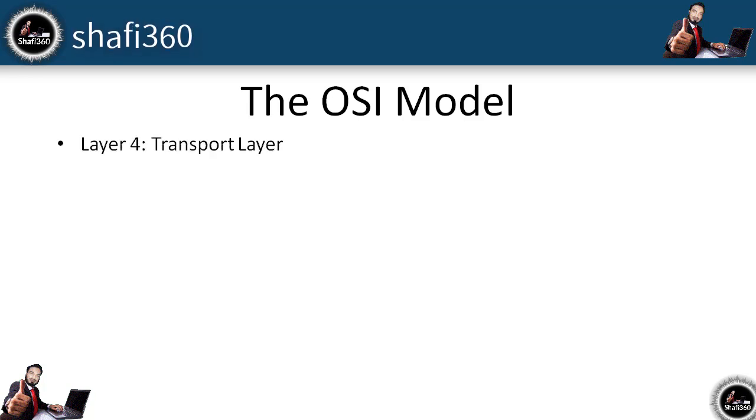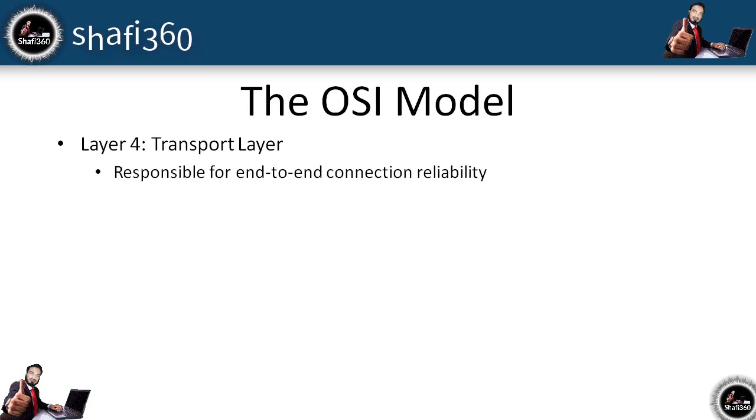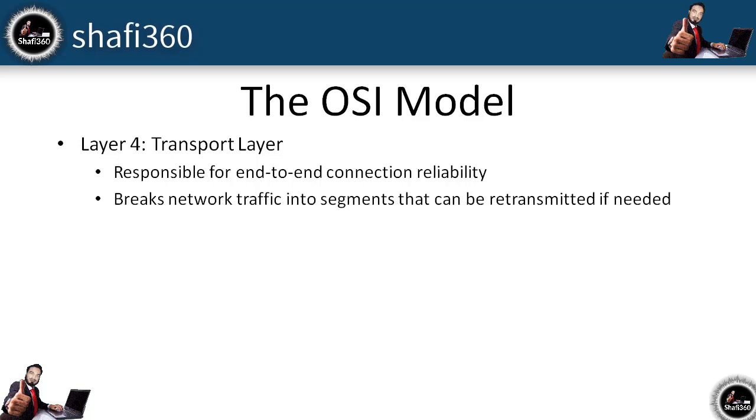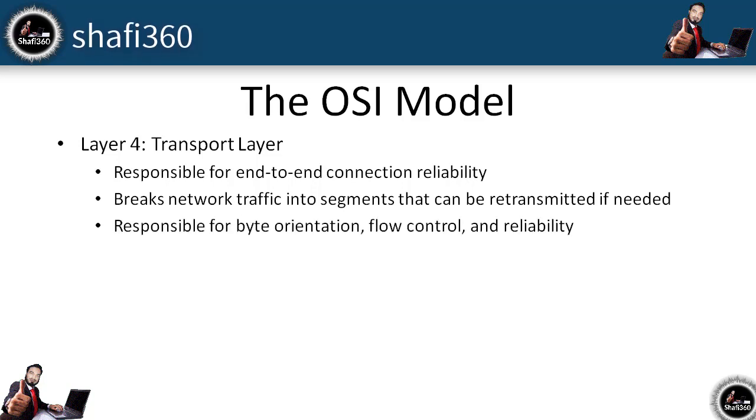Let's move on to Layer 4. Layer 4 is the transport layer. It is responsible for end-to-end connection reliability. It performs this end-to-end connection reliability by breaking the network traffic into segments that can be retransmitted if needed and if the protocol supports it. Layer 4 is also responsible for byte orientation, flow control, and reliability, which we've already mentioned.